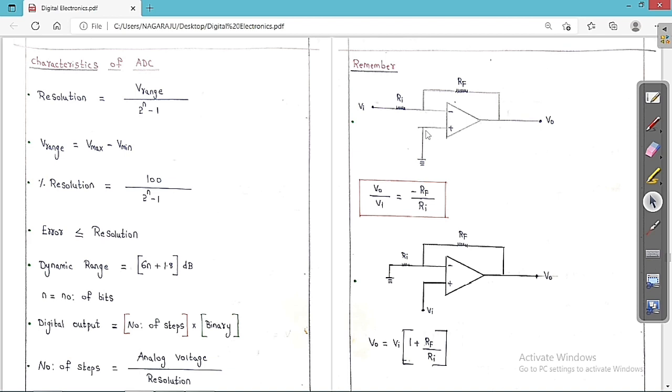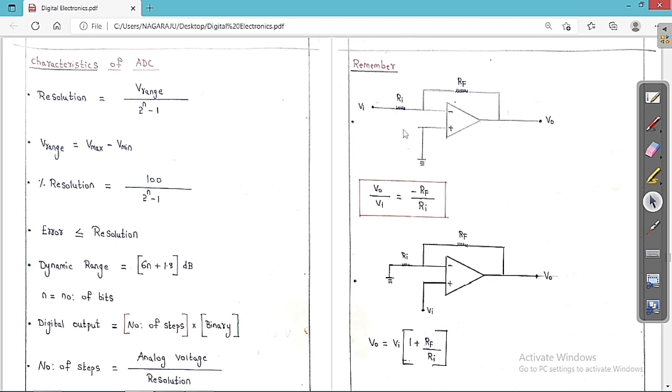If it is 0 here, it is 0 there also, so whatever incoming current there is should go through here also. So if the current I is equal to Vi minus 0 by R1, and also equal to 0 minus V0 by Rf, if we equate these two equations, we get V0 is equal to Vi into minus Rf by R1. So V0 by Vi is equal to minus Rf by Ra is the expression that we get for this type of op amp.